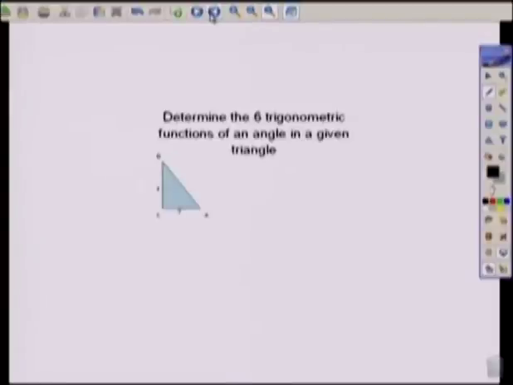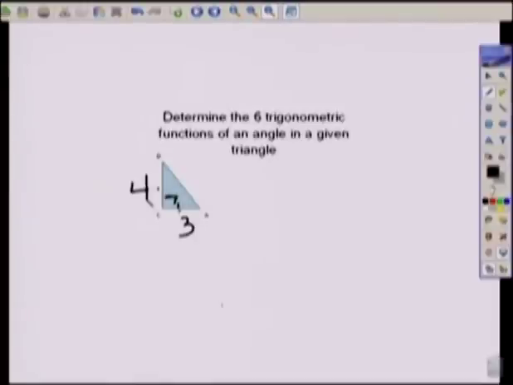So in this figure here, where C is also my right angle, I want you to take a moment and determine the 6 trigonometric functions of an angle for this particular triangle. This side length is 3, this side is 4. First idea here is we have a right triangle where we know the 2 legs, but we don't know the hypotenuse. So you ask yourself, how do I find the hypotenuse of a right triangle given 2 legs?